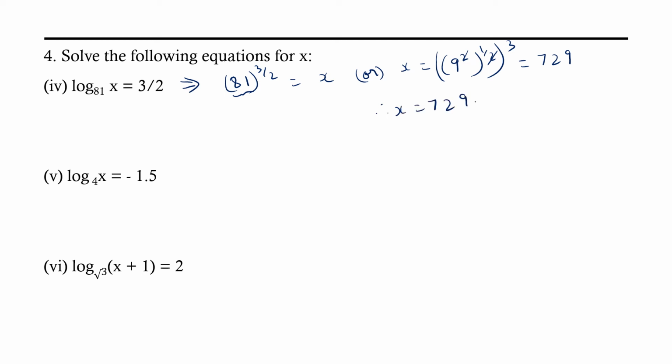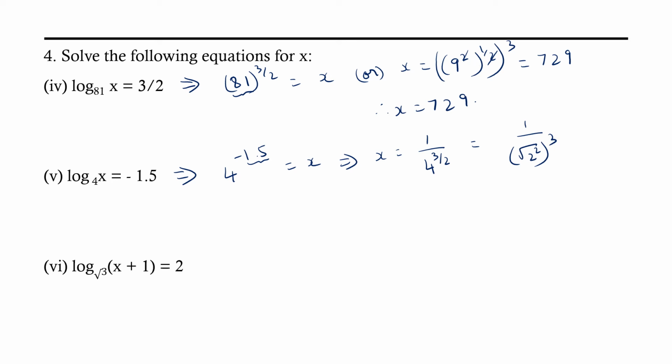The next question, log x to the base 4 equal to minus 1.5. So from this we can write 4 raised to minus 1.5 is equal to x. Here 1.5 is nothing but it is 3 by 2, and 4 raised to minus 1.5 we can write as 1 by 4 raised to plus 1.5. 1.5 is 3 by 2, or this is equal to 1 by root of 2 square the whole cube.